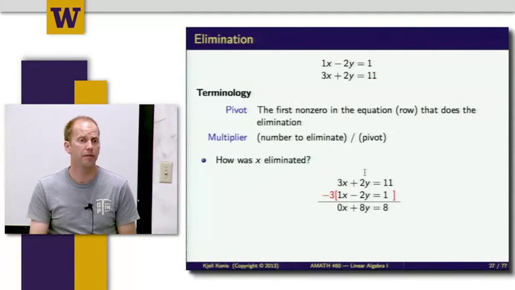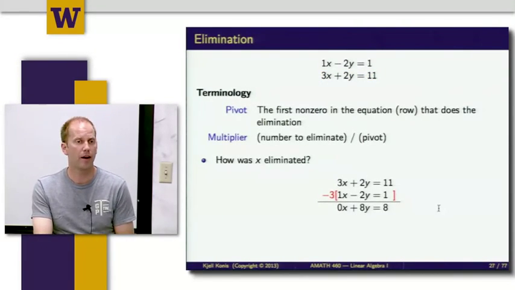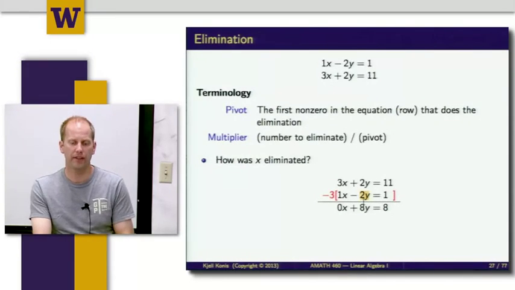And then to keep the equality, I have to do the same operation for the rest of the coefficients. So here I'm going to have negative 3 times negative 2. So I'm going to have 2 plus 6. So I have 2y plus 6y gives me 8y. And then I also have to do the same thing to the right-hand side.